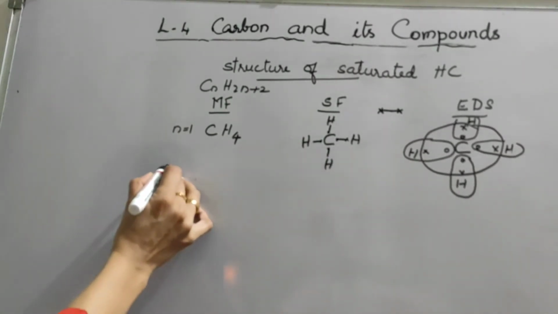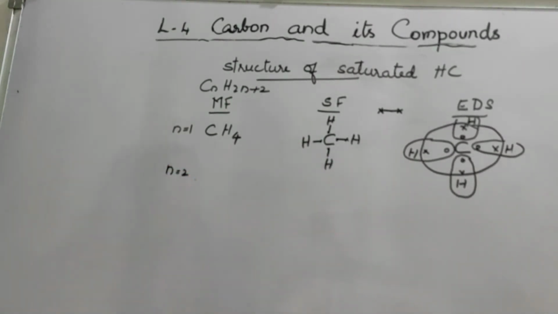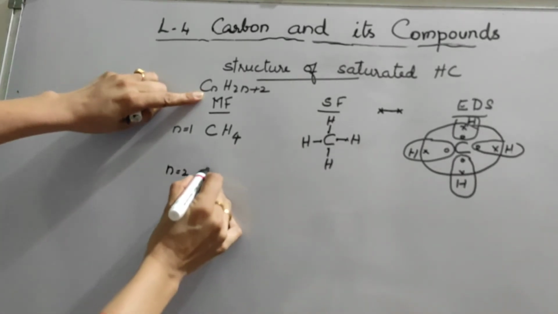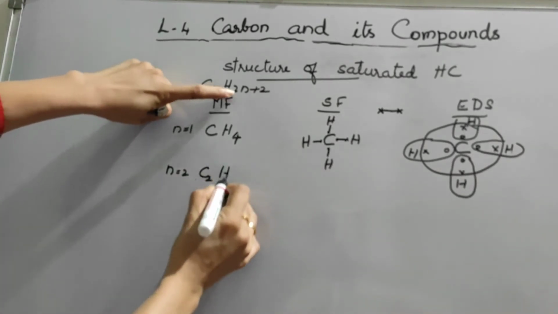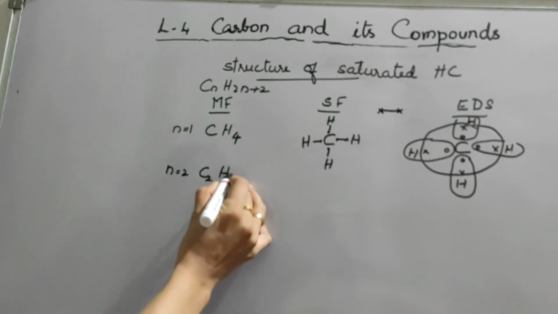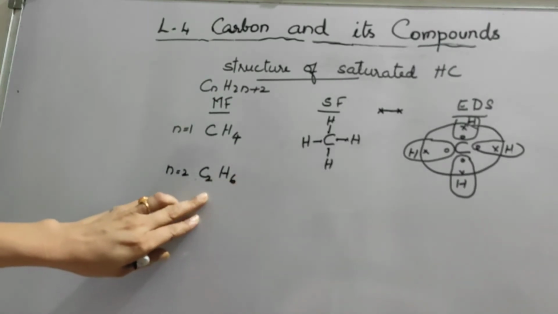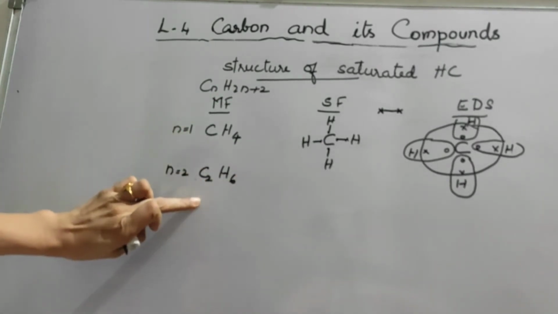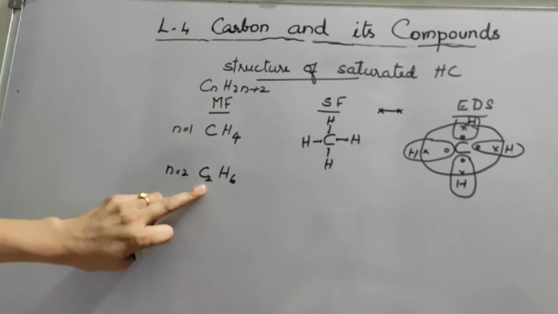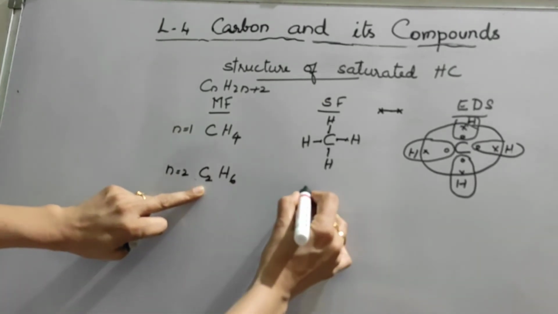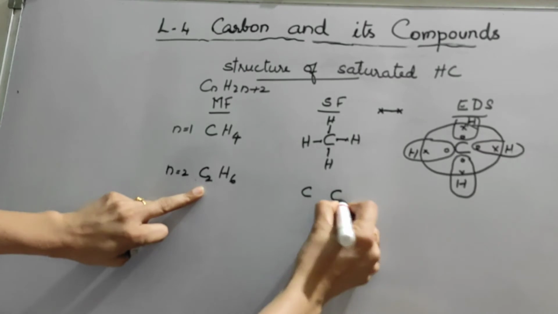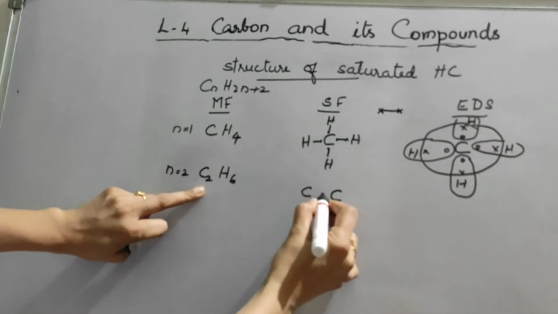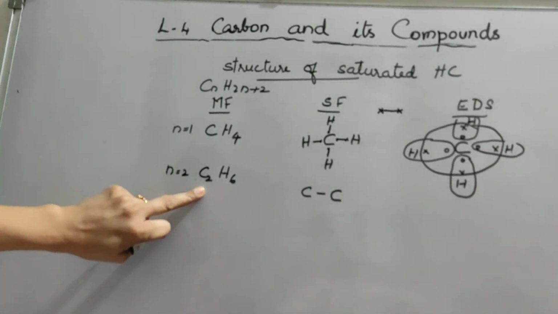Which is the second member of the saturated hydrocarbons? Put n equal to 2: C2H(2 into 2, 4, plus 2), that is 6. This is ethane. Methane, ethane. Now in the same way, look at how many carbon atoms there are. 2 carbons. Put 2 carbons like this and mention a single bond between the 2 carbons.